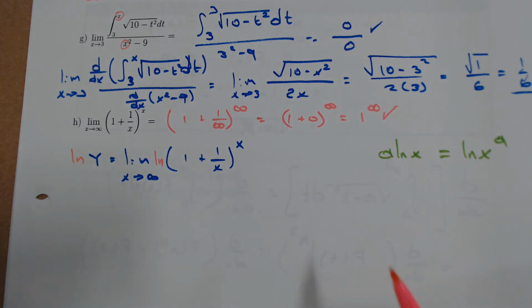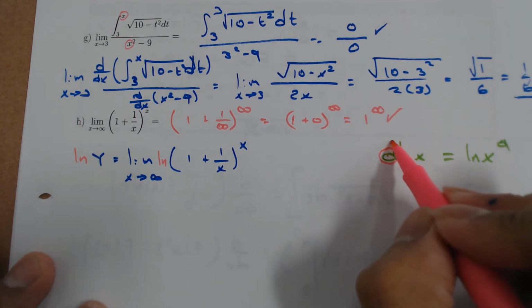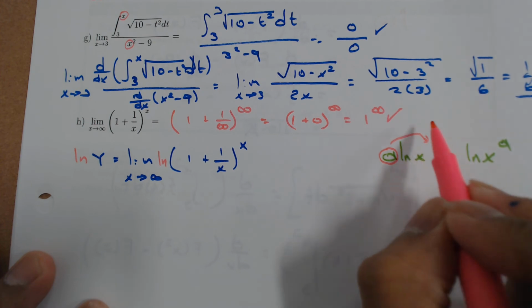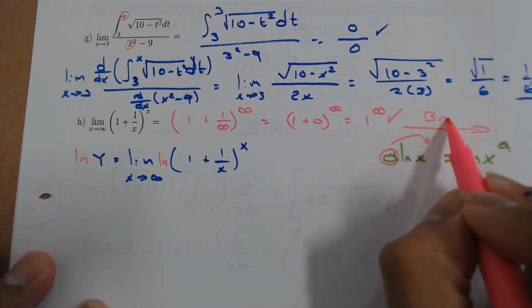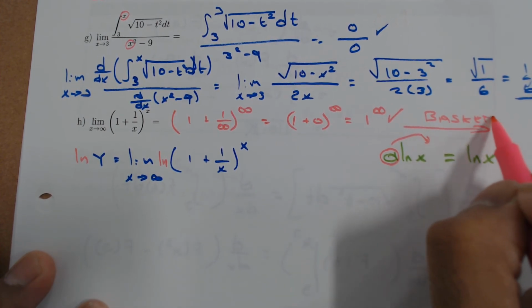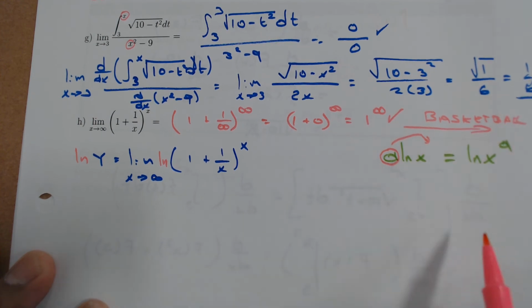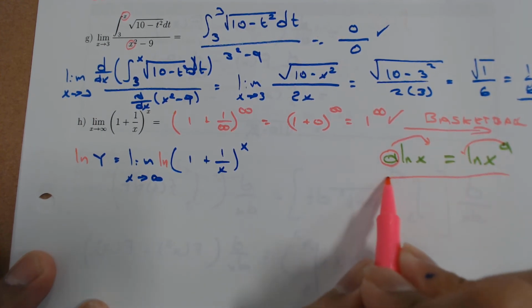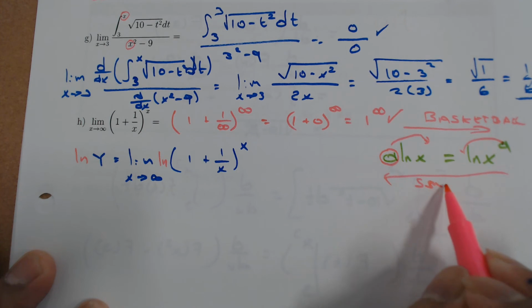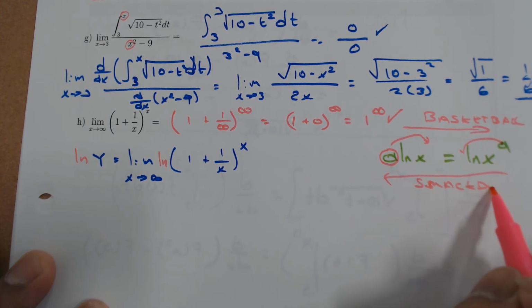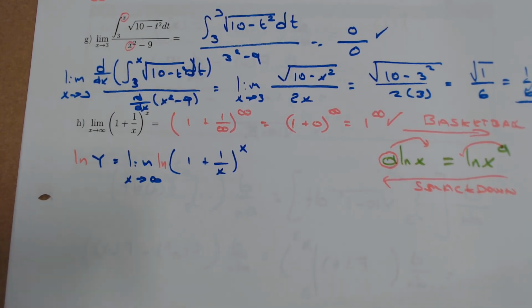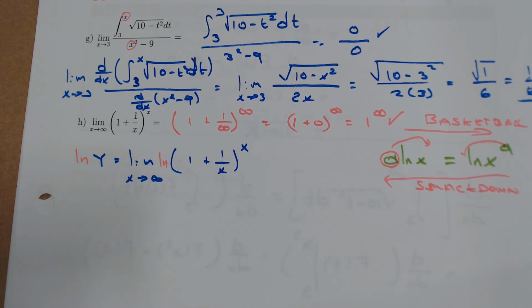So if we do it this way, that's the basketball. But otherwise, when we do it this way, that's a smackdown rule. All right, and we're going to use this rule a lot in this section, and of course later when we go over infinite sequences and series.